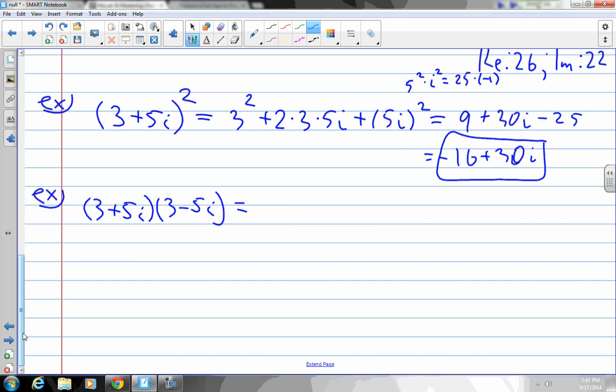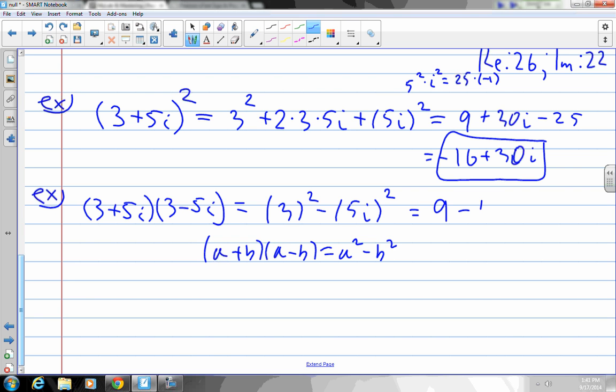We know the difference of squares formula. a plus b times a minus b equals a squared minus b squared, right? Are you with me on that one? So what happens here? 9 minus negative 25. 3 squared is 9, 5i squared is negative 25. So overall, it's positive 34.